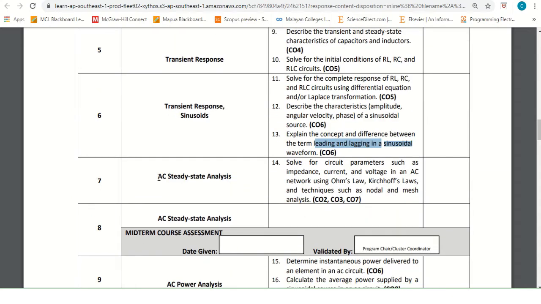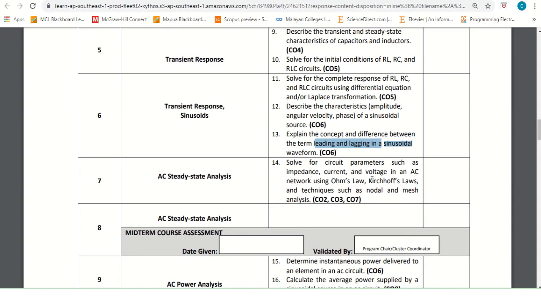Now under week 7, we will be introducing you to concepts on how to analyze AC circuits. It is not really something new, but we could also use the concepts that you have learned in DC circuits in AC circuit analysis.